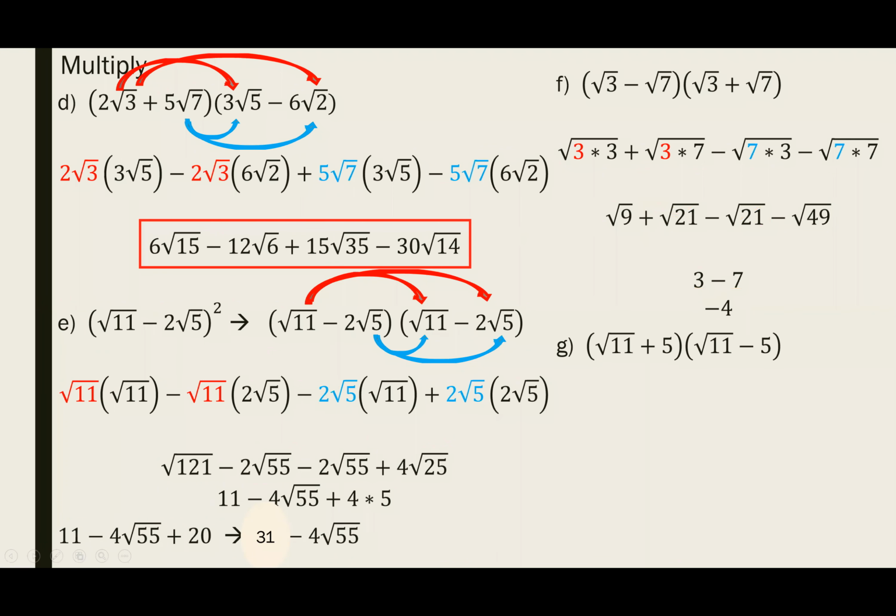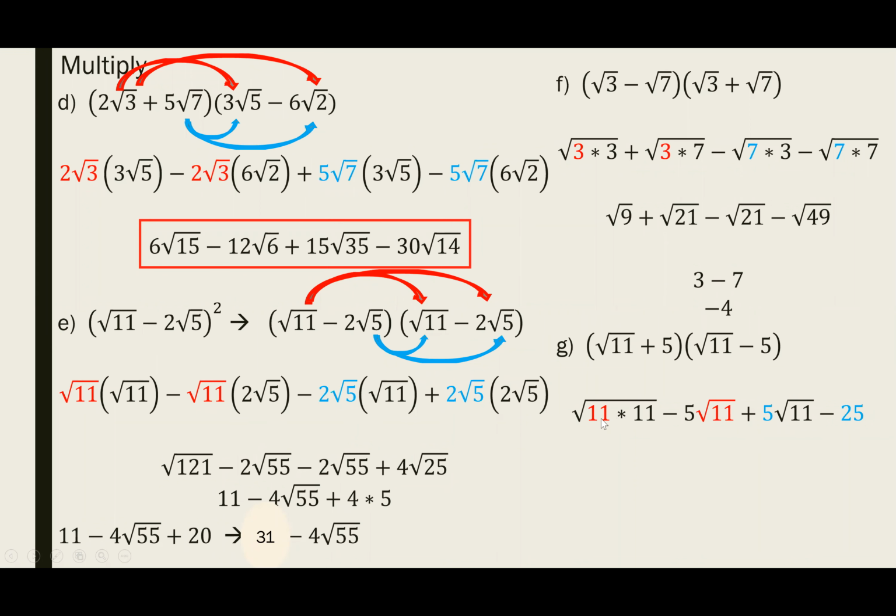I have one more. Similarly, right? Square root of 11 plus 5 times square root of 11 minus 5. So if you do this item, as you can see, we have first times first, outside times outside, inside times inside, and last times last, which is square root of 11 times square root of 11, which is 11 on the outside.